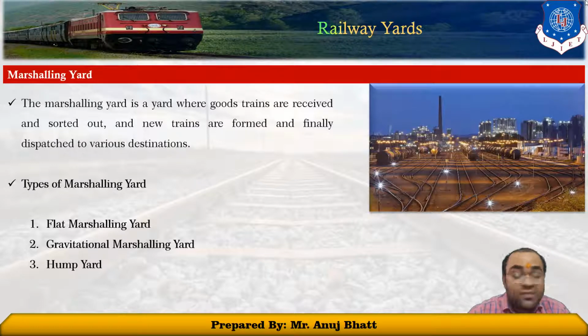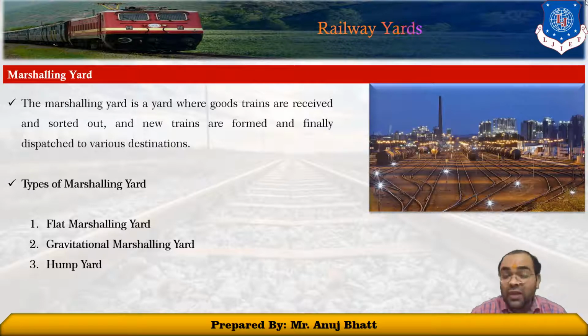This yard receives loaded as well as empty goods wagons from different stations for further booking to different destinations. These wagons are separated, sorted out, properly marshalled and finally dispatched bearing full train load to the various destinations. The marshalling of trains is done so that wagons can be conveniently detached at wayside stations en route without much shunting.